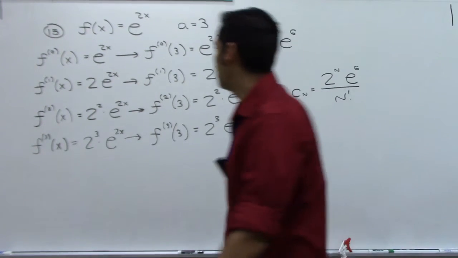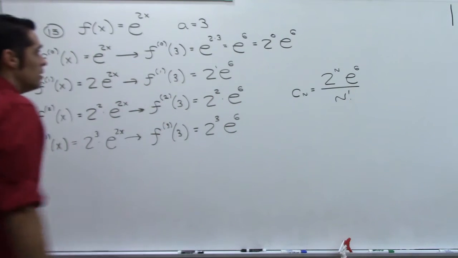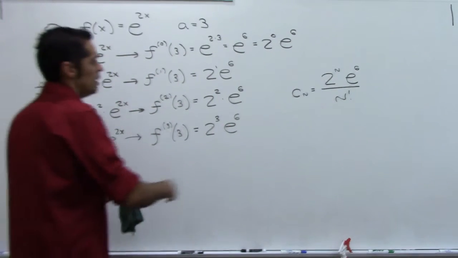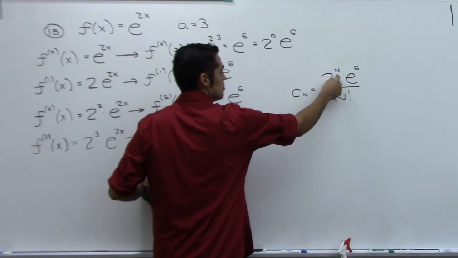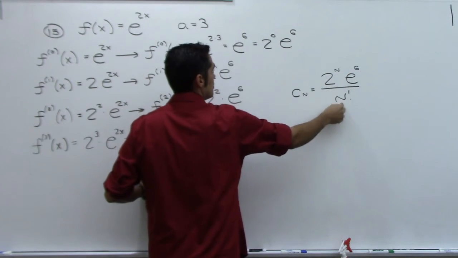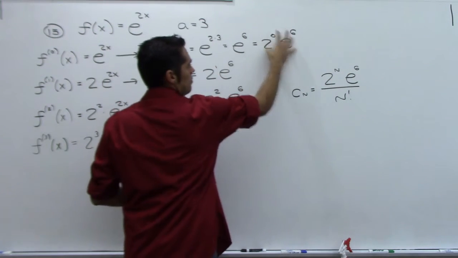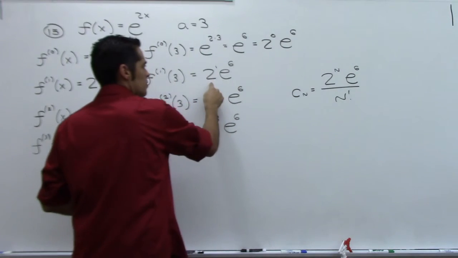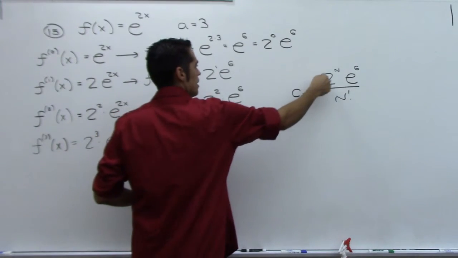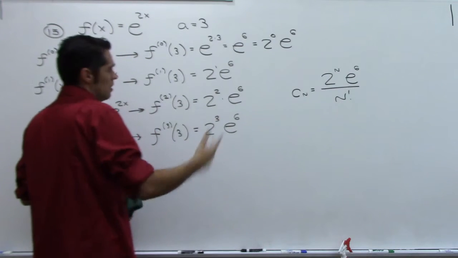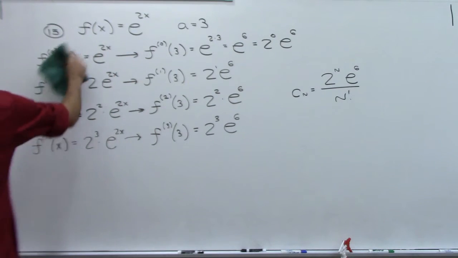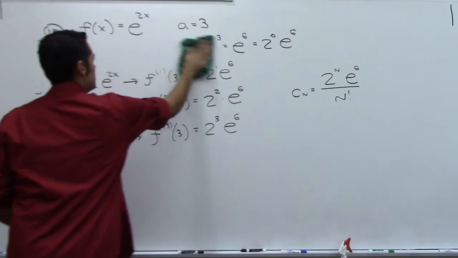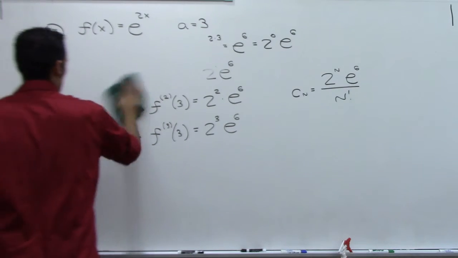But I don't even think I need to write all these out. I've got a nice clean formula for it, right? If c sub 0, 2 to the 0 is 1, e to the 6 over 0 factorial, that's this. Well, this part is this. And then if n is 1, we get this, it's that. So I think we're in business. I think I'm going to just go straight to the series without writing it all out.